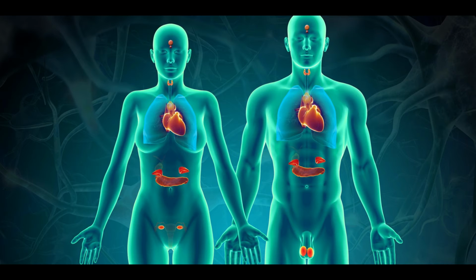So, let's talk about the hormones secreted by the pituitary gland. We have the adrenocorticotropic hormone, whose target cell is the adrenal cortex, and whose function is to stimulate secretion of cortisol and aldosterone by the adrenal cortex.